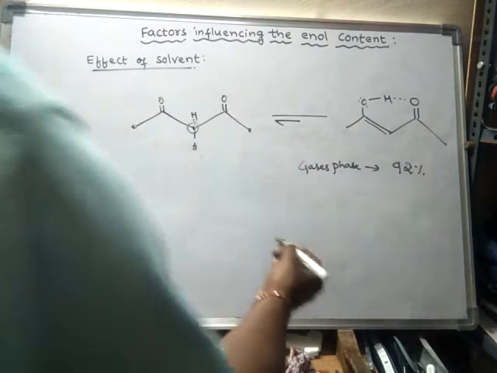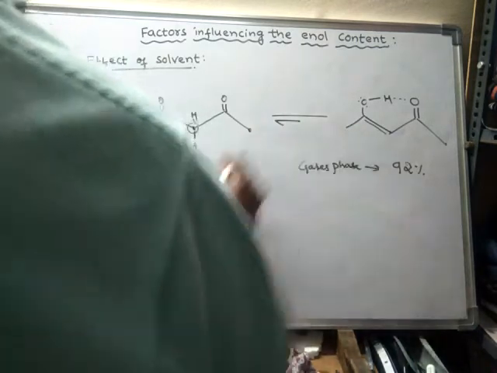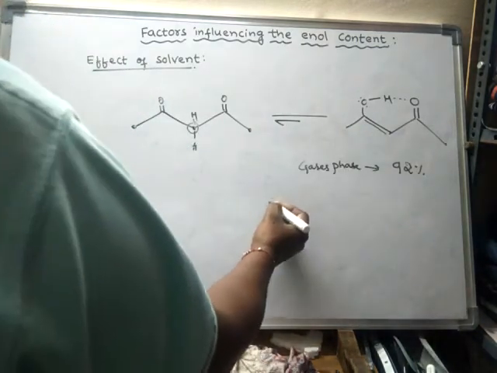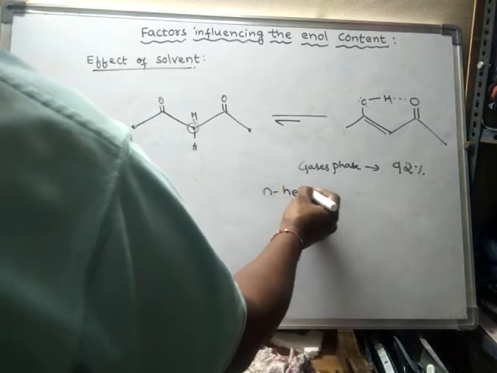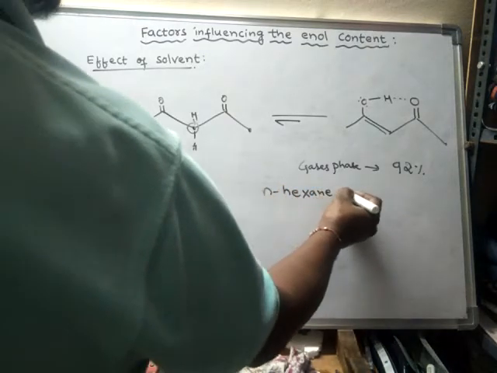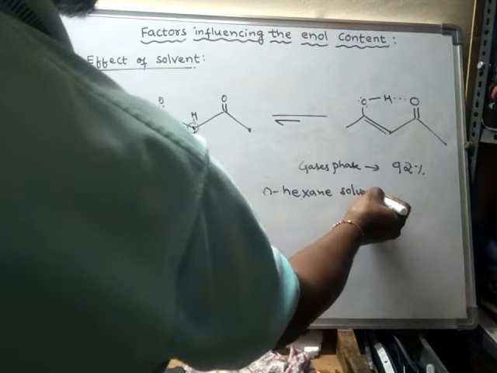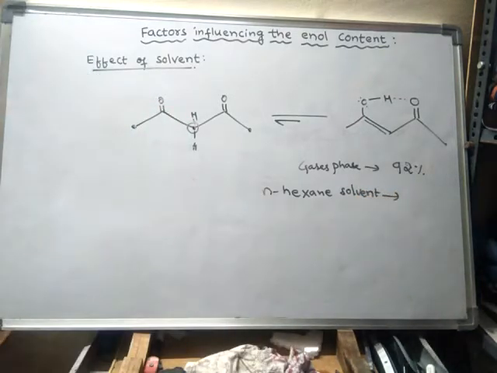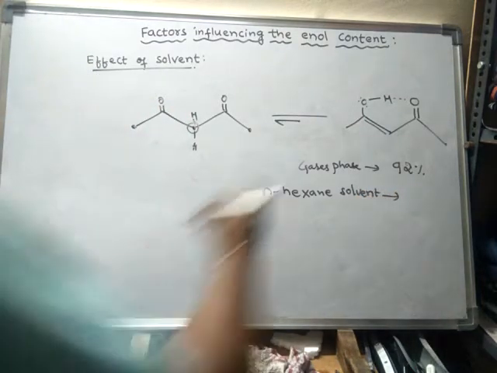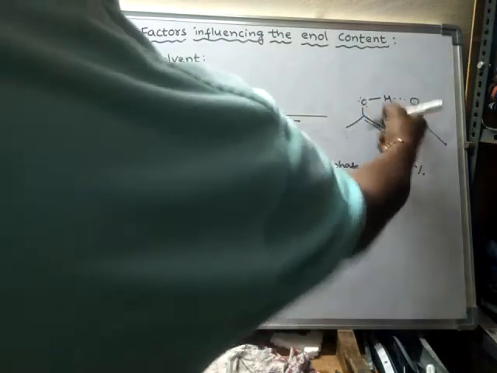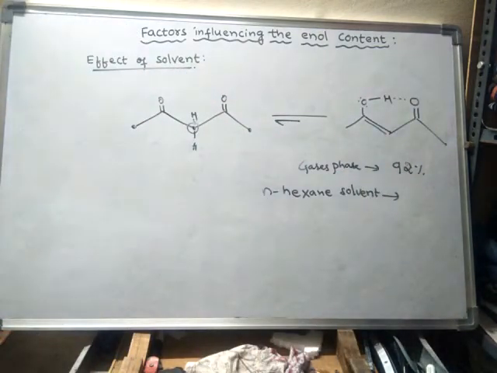Suppose this mixture is kept in N-hexane solvent, which is a non-polar solvent. Non-polar solvents favor the enol form.